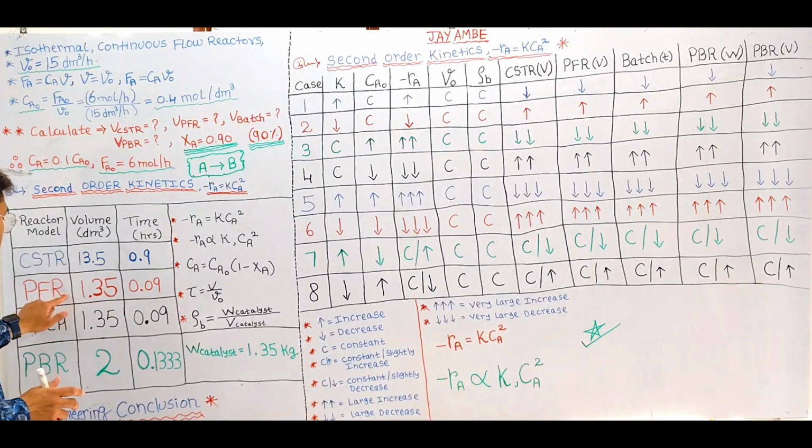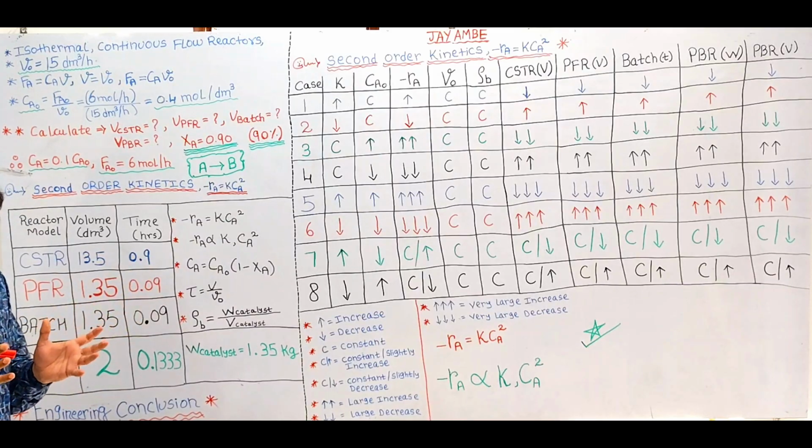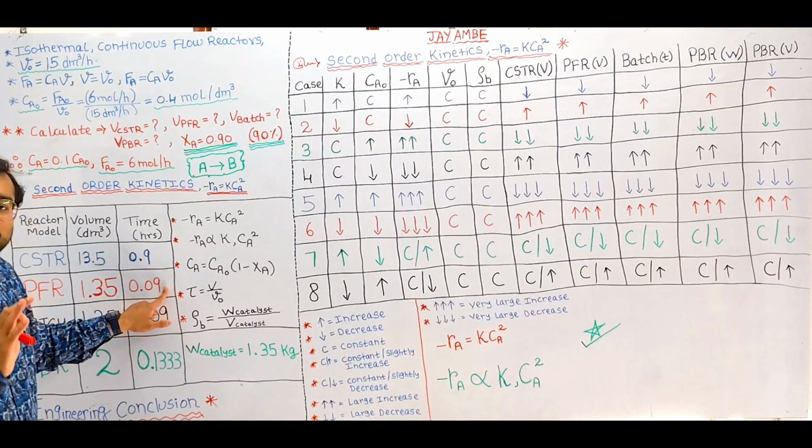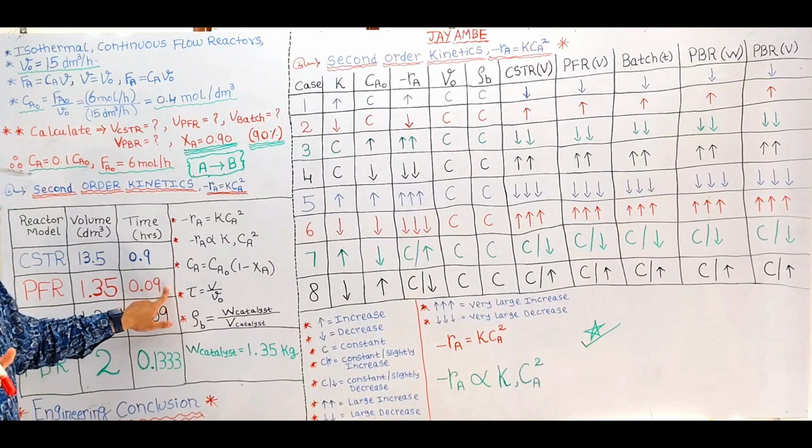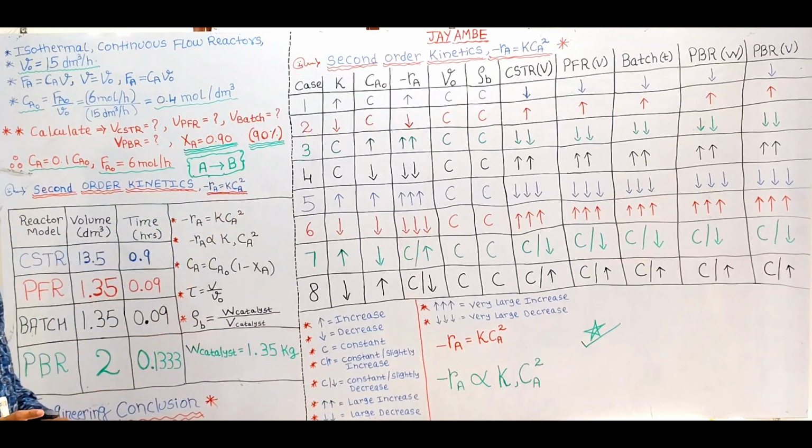Because if I select PFR as the reactor model, then I require a very small reactor volume, and I also require a much lesser reaction time of 5.4 minutes in order to achieve the same desired conversion of 90%. I hope you have understood. Now in the second comparison, what if I compare between PFR and the batch reactor? Now it is interesting.